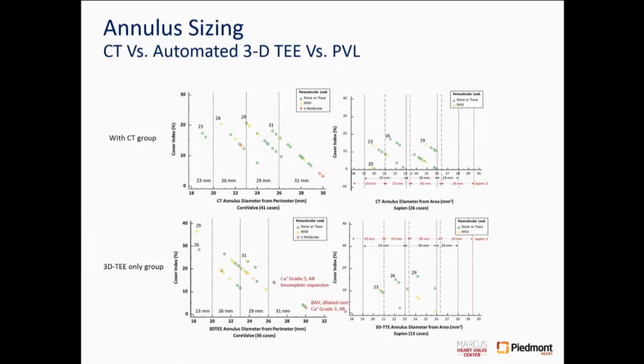If you now look at the 3D TE data group only, these 2 patients had greater than moderate PVL, although they had a 31 valve. This patient had a bicuspid aortic valve, a dilated root, and by echo had severe calcification and pure aortic regurgitation.